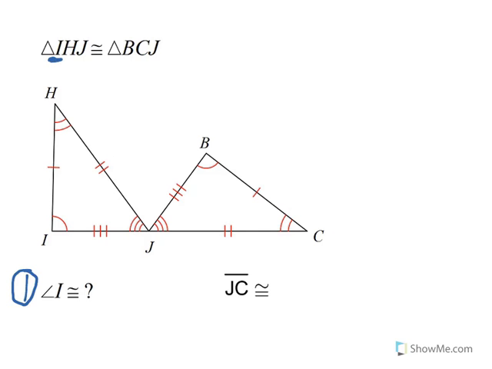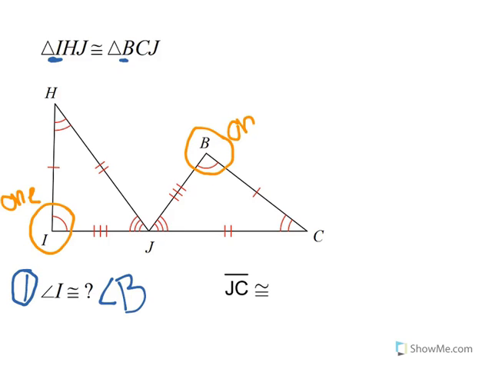To be matching up with that, it would have to be in the first spot in your second triangle, which would be B. So angle I would be congruent to angle B. That's one way that you could do it. You could also look at the picture, and angle I, right here, has one arc. In your other triangle, the only angle that has one arc is angle B. So matching up the arcs that are the same, angle I is congruent to angle B.